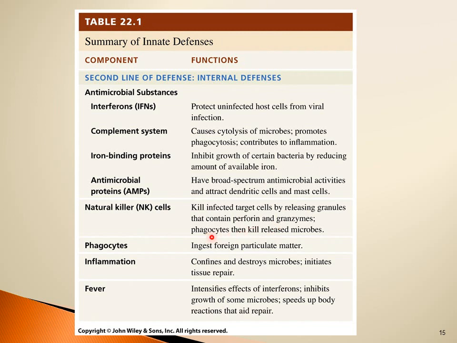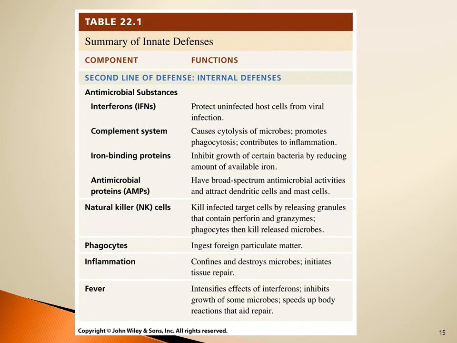The phagocytes then kill the released microbes. Phagocytes ingest foreign particulate matter. Inflammation confines and destroys microbes and initiates tissue repair. Fever intensifies effects of interferons, inhibits growth of some microbes, and speeds up body reactions that aid repair.